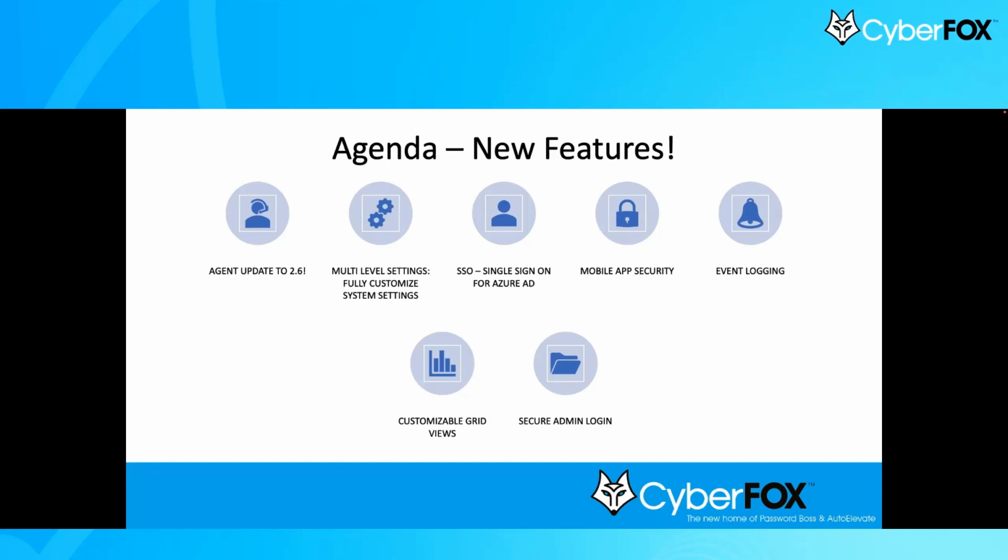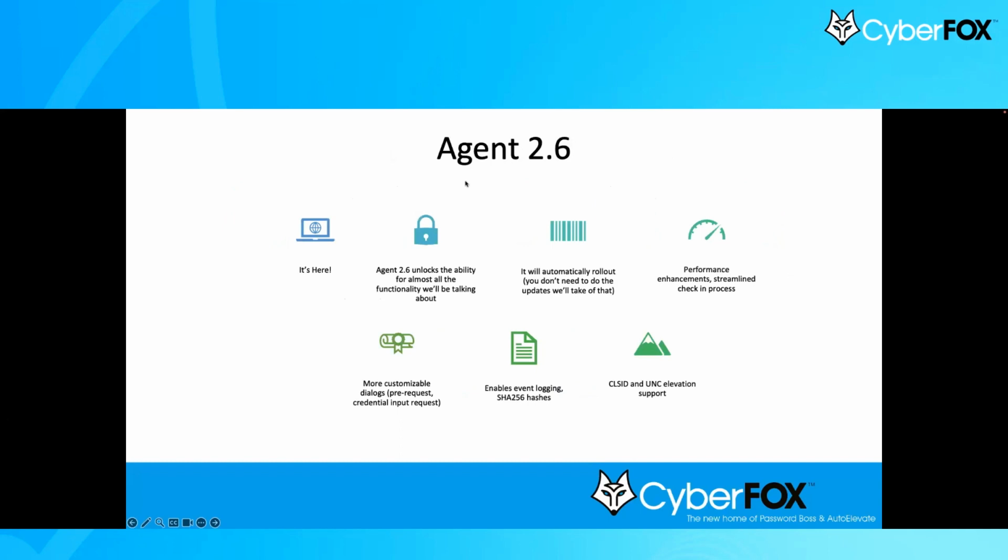Now let's go talk about the agent. Okay, so first and foremost, the foundation of all of this was Agent 2.6. There were a lot of things that we really needed to do under the hood in order to make sure that all of the rest of the functionality that you're going to see today could actually work.